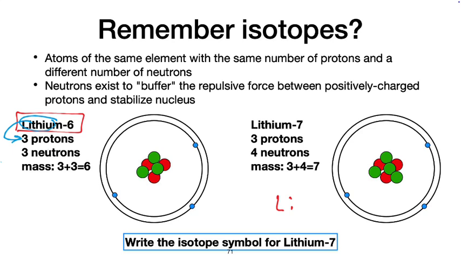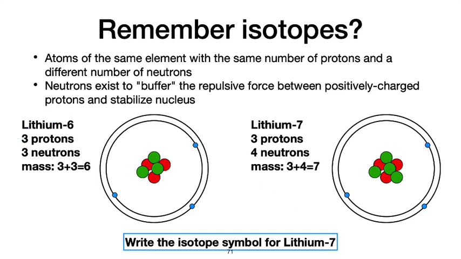Okay, so the first thing we want to be able to see is that mass number. That mass number should be written in the upper left-hand corner. And we now have our isotope symbol. That isotope symbol will frequently drop the 3 because it's redundant. I don't need it there. Kind of make sense?